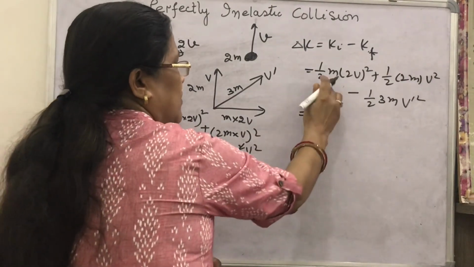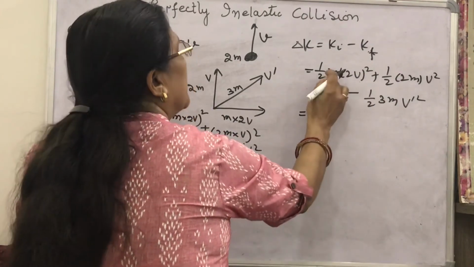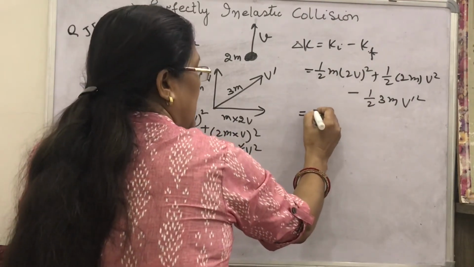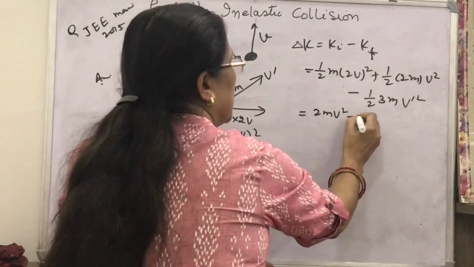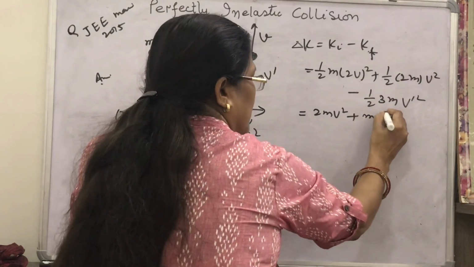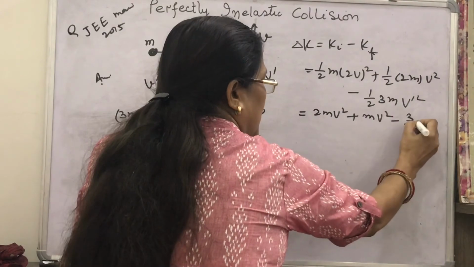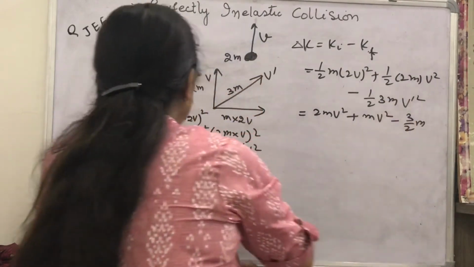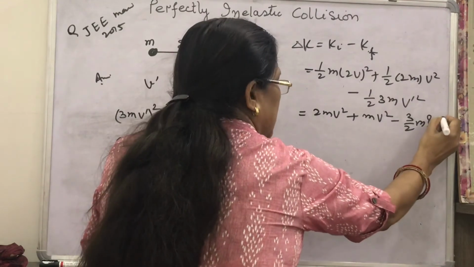So you will solve here. This is 4v square upon 2, so this will be 2m v square plus here the 2 will be cancelled, m v square, minus 3 by 2 m into v dash square, 8 by 9 v square.